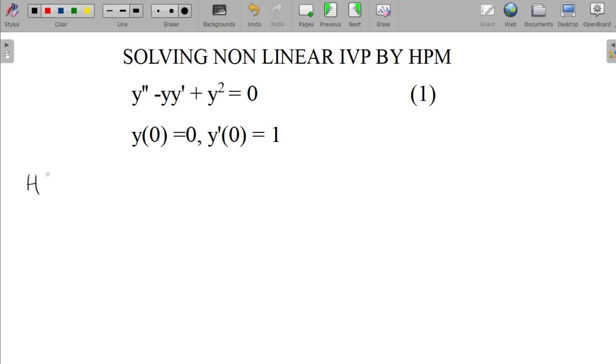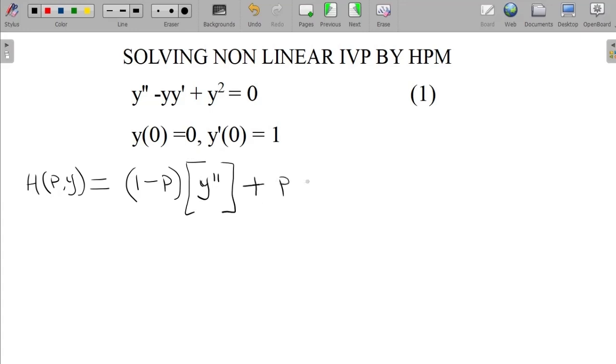So the homotopy can be constructed as H(p, y) = (1 − p)(y'' − y') + p(y'' − y y' + y²) = 0.